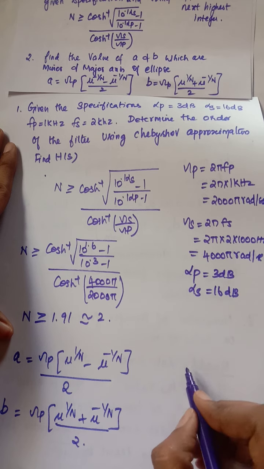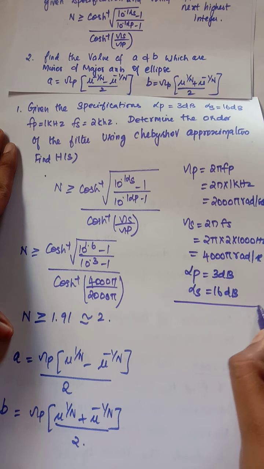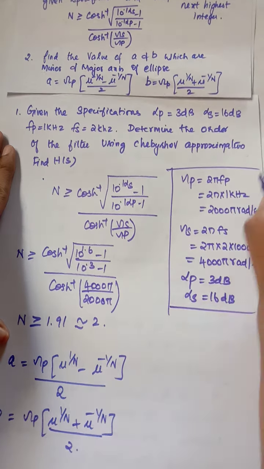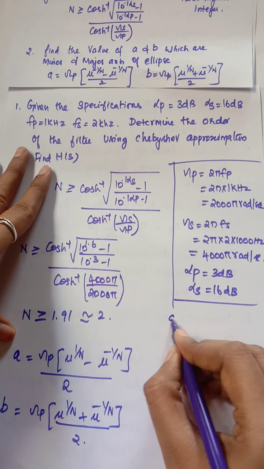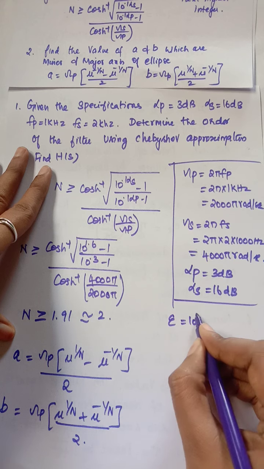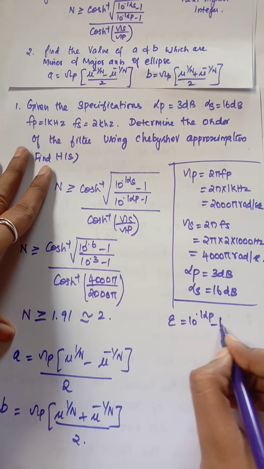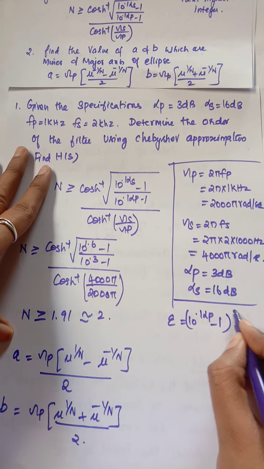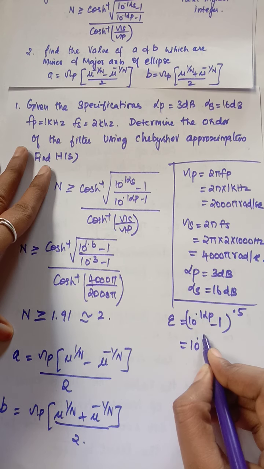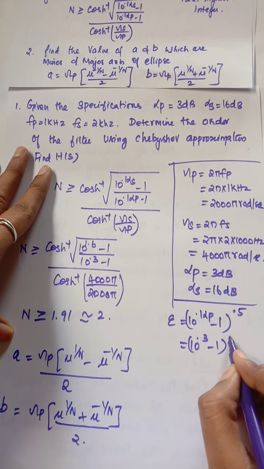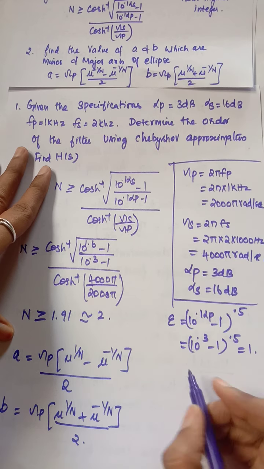Before that, what we need to find is epsilon, where epsilon is equal to (10^(0.1 αp) − 1) the whole power 0.5, that is square root. So (10^0.3 − 1) the whole power 0.5, which is equal to 1, I am getting.